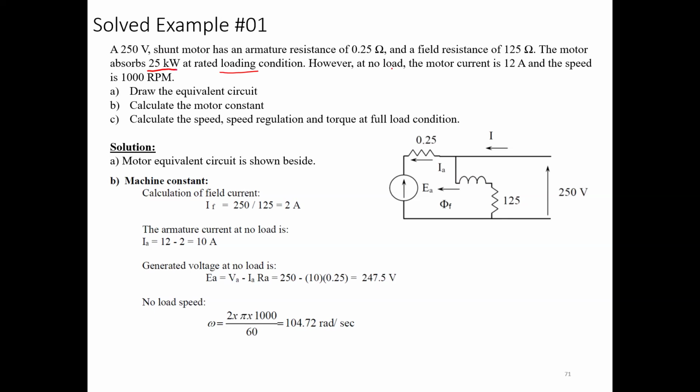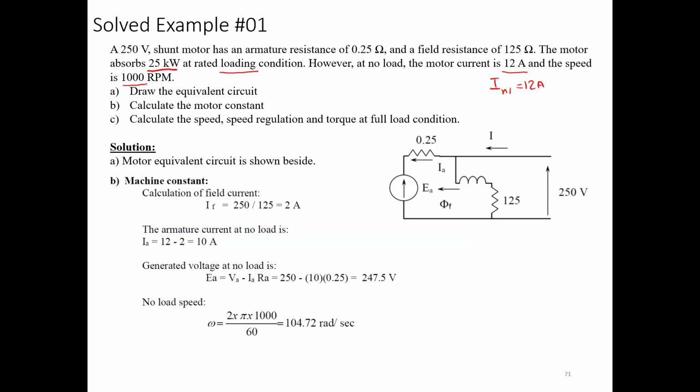However, at no load, if the motor has zero mechanical output, the motor current is 12 amperes. So this is the no load condition. So I can say now I at no load equals 12 amperes. And at full load, the total absorbed power is 25 kilowatts. Also, he mentioned that the motor current at no load is 12 ampere and the speed is 1000 RPM.